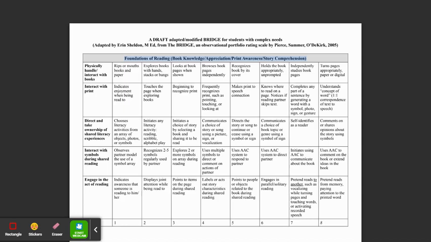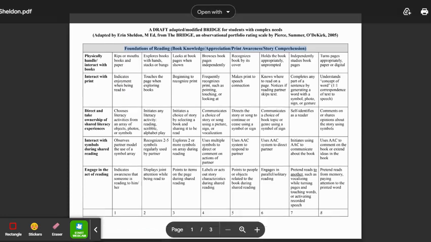Beginning to recognize print, frequently recognizing print, whether it be through pointing, touching, or looking, making print to speech connections or connections on an AAC system, knowing where to read on a page, and noticing if a partner skips the text on a page, completing a part of a sentence by generating a word with a symbol, photo, sign, or gesture. Again, that can be used with their AAC speech generating device. And then lastly, understanding the concept of a word, so one-to-one correspondence with speech to text.